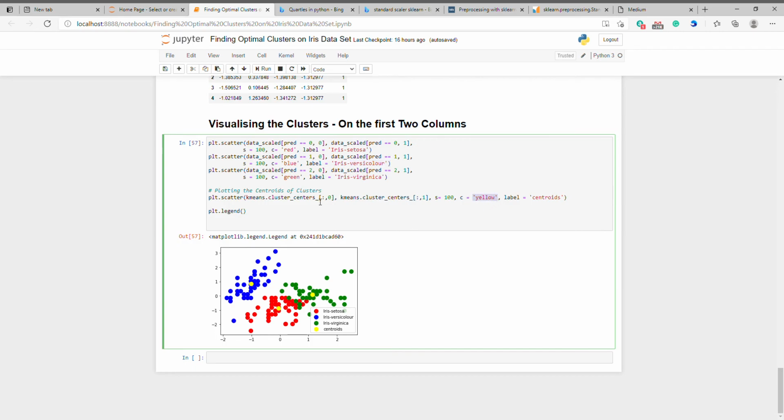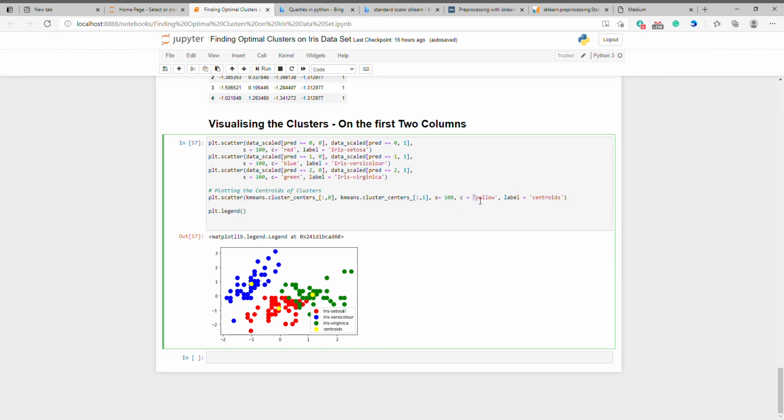And here I am taking all the values of the 0th column for all 3 categories of flowers, and all the values of the 1st column for all 3 categories, and those are taken on the x-axis and y-axis, and 100 is the size for all the flowers in each category that I have taken.